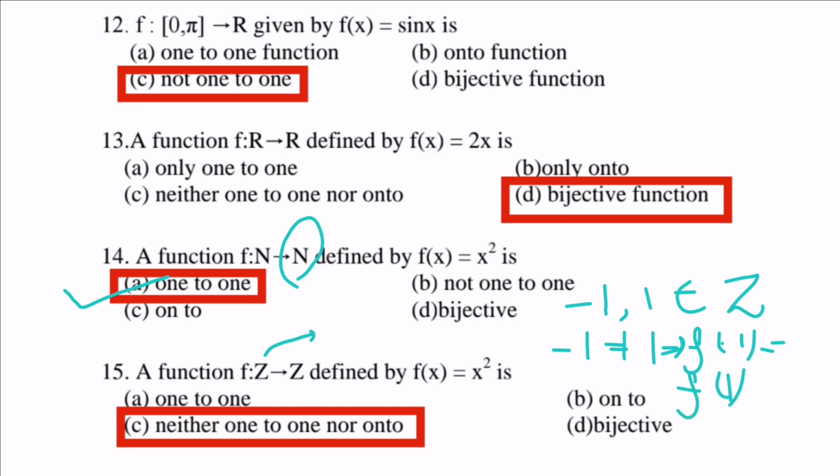So the function is not 1-1. Also, this function does not utilize all integers in the range. Therefore the function is neither 1-1 nor onto.